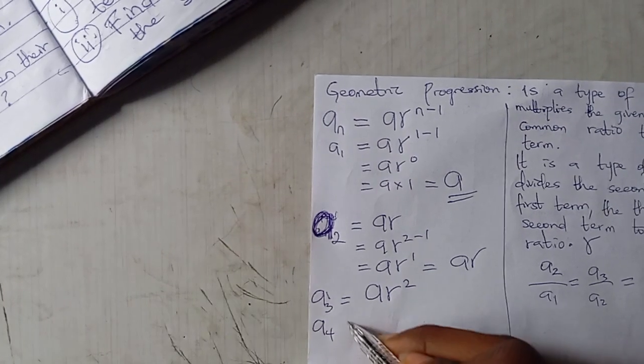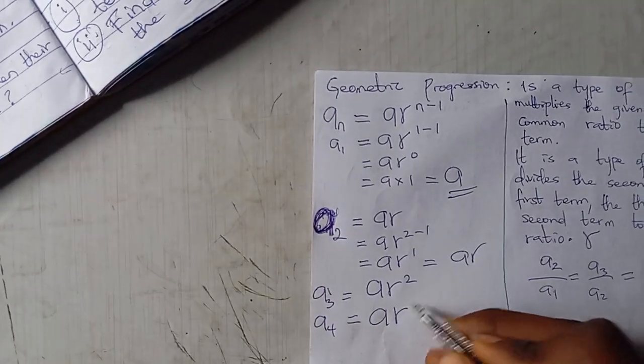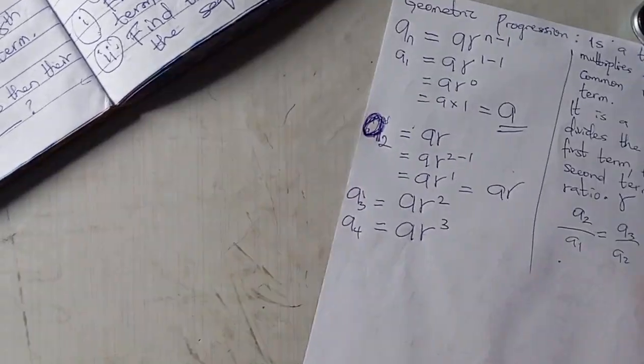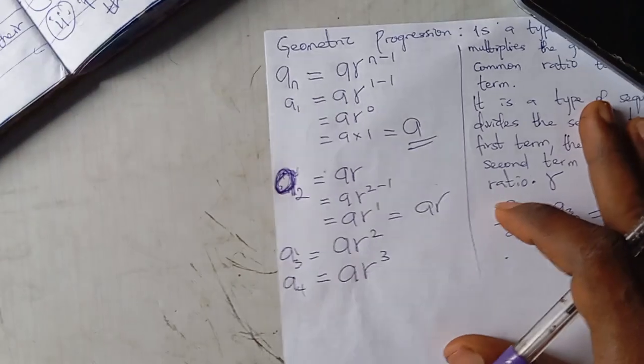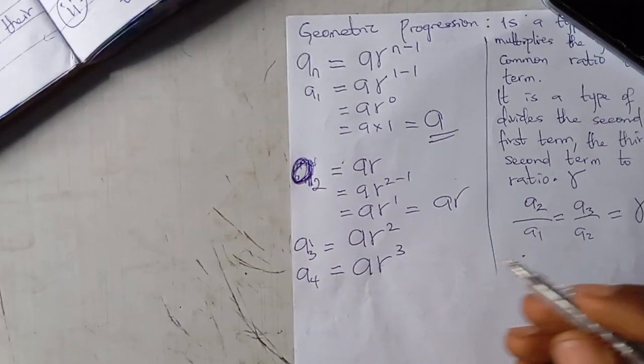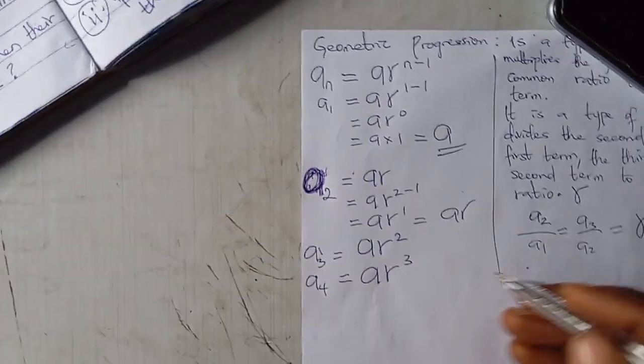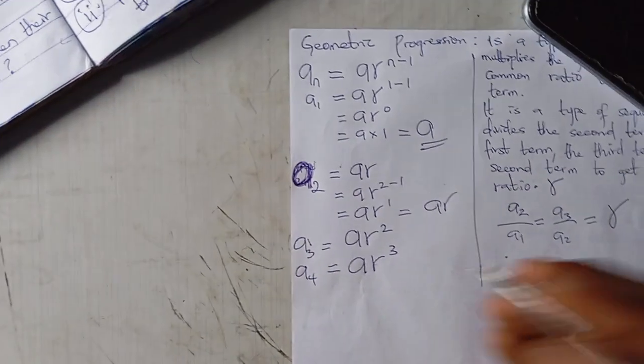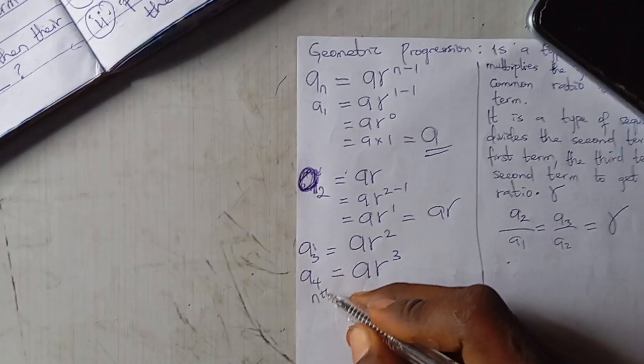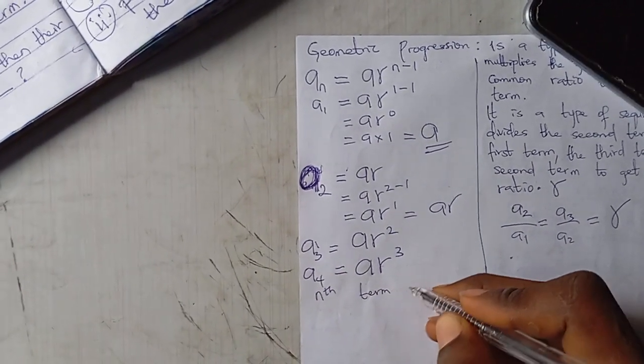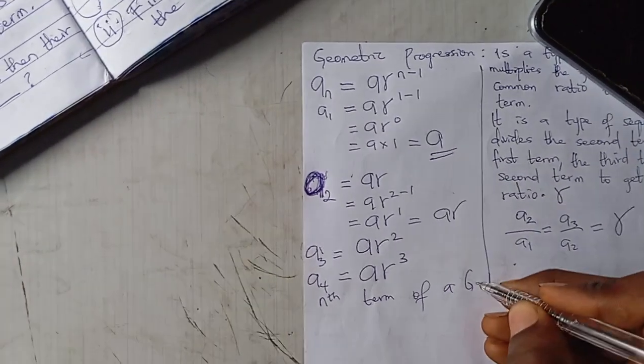So the fourth term will be AR3, and that is for the nth term. So this is for finding the nth term of a GP.